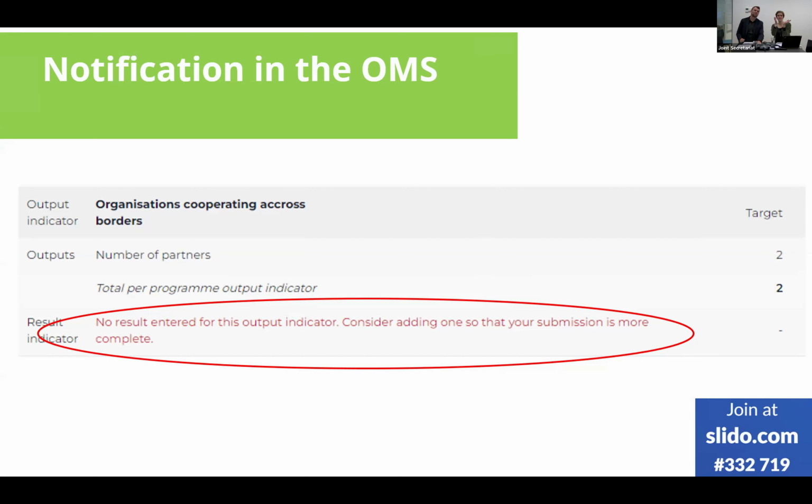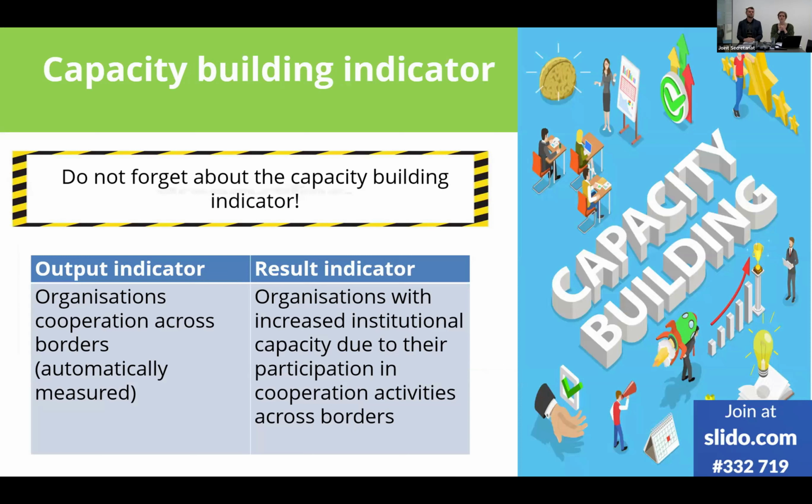But now that we look at the screenshot, maybe I would like to already mention here that on the next slide, we will focus on the capacity building indicator, which is connected to this output indicator here, organizations cooperating across borders. And you might think, output indicator, organizations cooperating across borders, I haven't come across this.